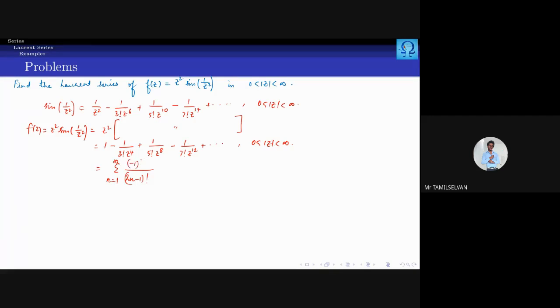Okay, so if I'm not wrong, let me make it as 2n plus 1 so that it is going to run from 3. I have this 1 as it is, and 1 upon z to the power 4n. Am I right? Yes, sir.